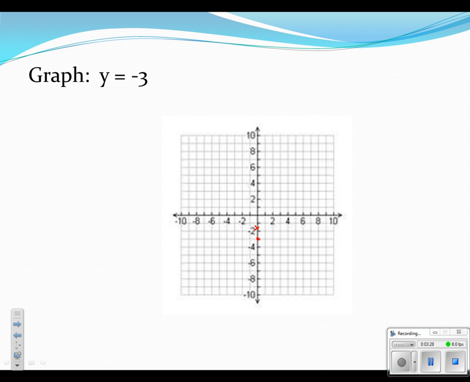Then that would be no. So now you know you're not going to do a vertical line. Check a point to the side. What about this point here? That's the point 3, negative 3. My y value is still negative 3. Try one back here. That's the point negative 5, negative 3. My y value is still equal to negative 3. So if I take the collection of all of them, I end up with this horizontal line. That is the graph of y equals negative 3.